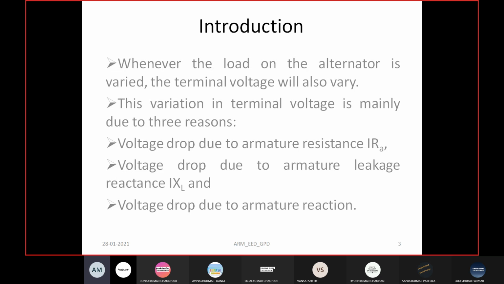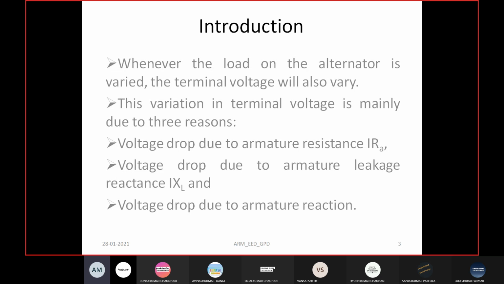When load is varied, we can have different types of load: capacitive load, inductive load, and resistive load. When different types of load are connected, there is an effect on terminal voltage. So when load is varied, the terminal voltage will also vary.